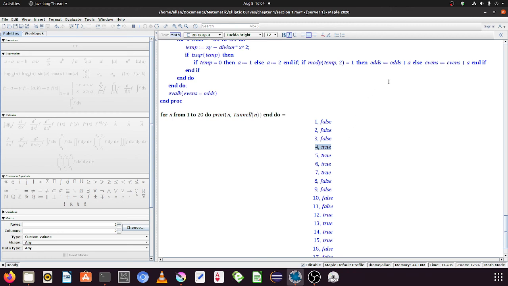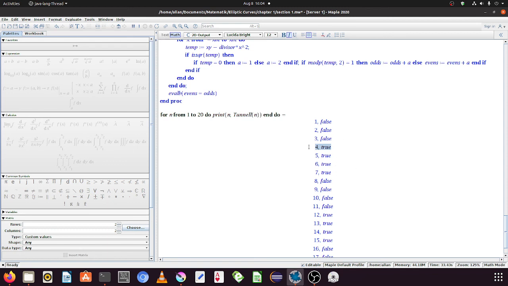We find, of course, 4 is true. It has solutions, and they are all z is, of course, 0 in all of them. So there are 4 solutions with z being even and 0 solutions with z being odd.